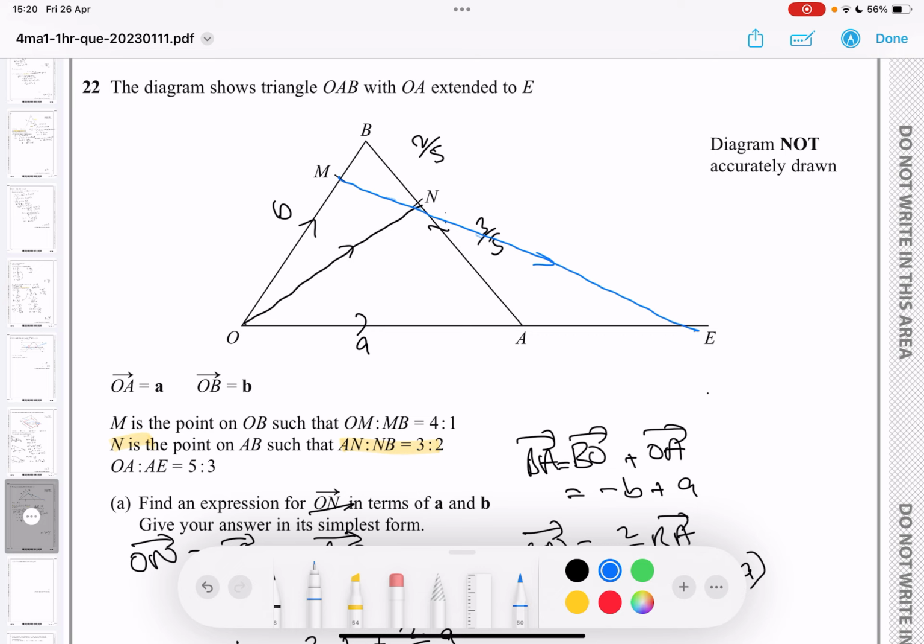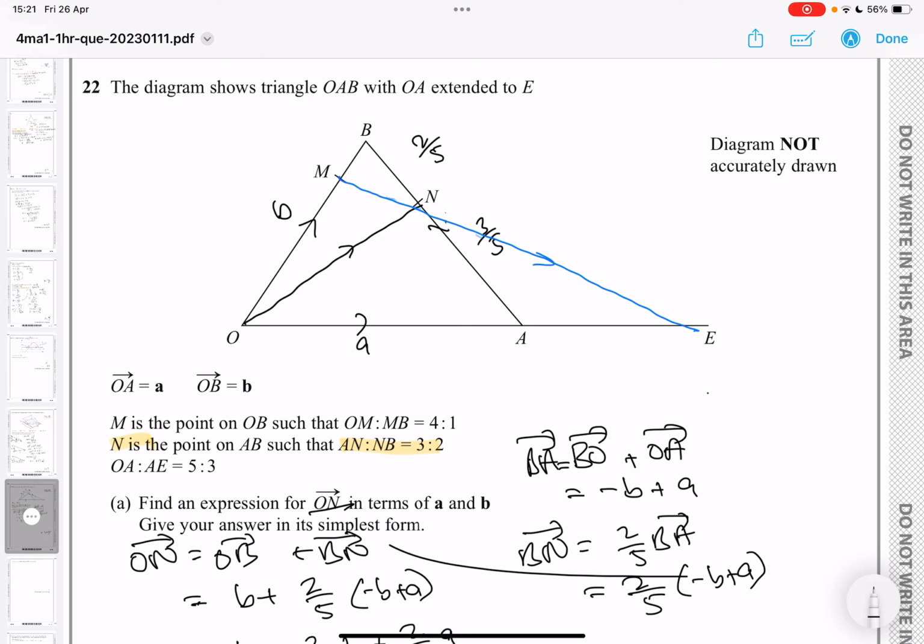So whenever you have these questions where you have to prove something's a straight line, the method that you use is that you find a vector, so here we're going to find ME, and then we're going to find another vector on that line. So I'm going to find MN. And once we find MN and ME, we have to show that it's a fraction of the whole length, ME. Okay, and once we've proven that, we can show that it's a straight line. So that's the process, okay?